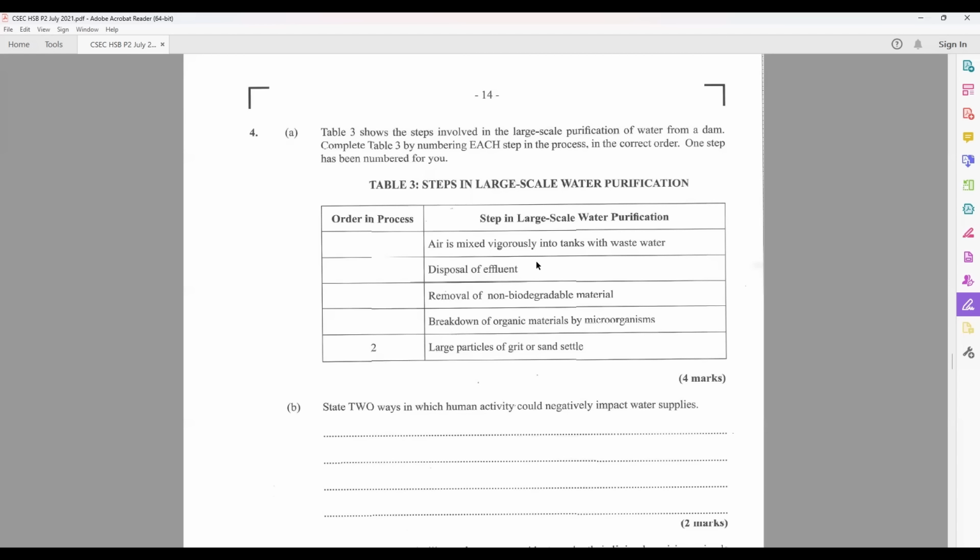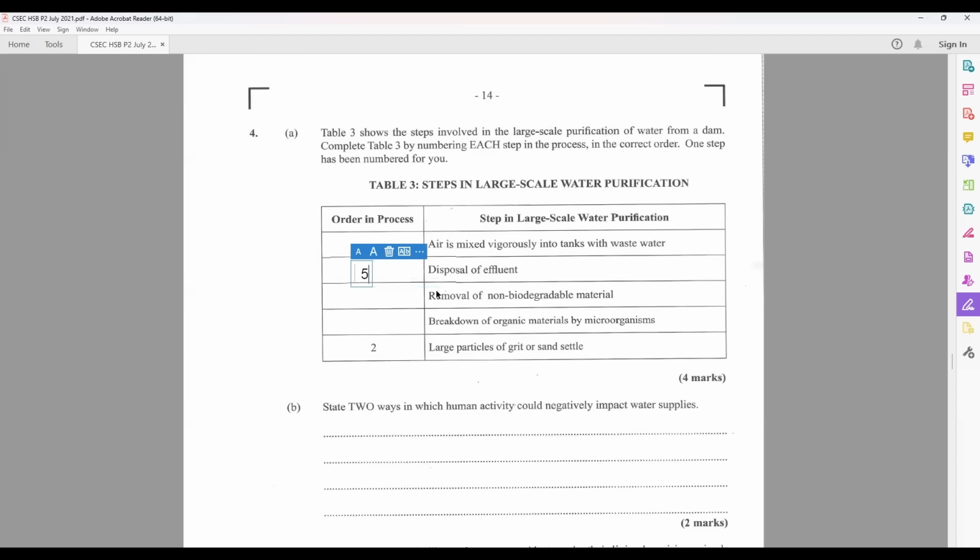Air is mixed vigorously into tanks with wastewater. Disposal of effluent, and if we are disposing of the effluent, that means we are at the end. So already this is jumping out to us as being the 5th step. Removal of non-biodegradable material, breakdown of organic materials by microorganisms. I always prefer to do these questions backwards.